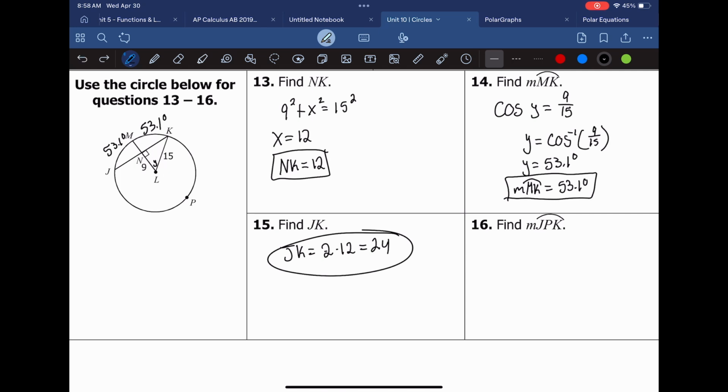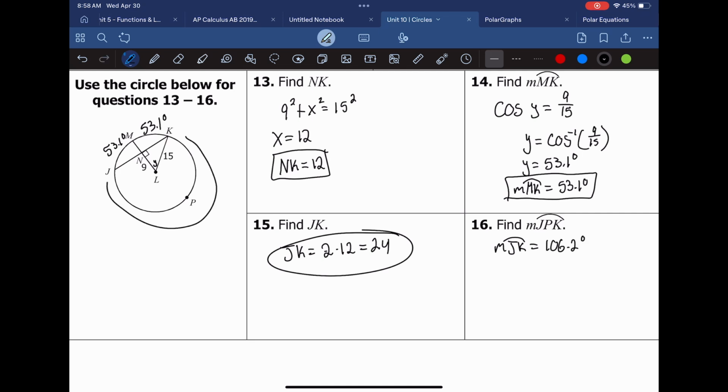Because your radius is perpendicular, that means it's cutting your chords in half, and it's also cutting your arcs in half. And since they are the same, we know how big this whole JK is. The measure of arc JK is 53.1 times 2, which is 106.2 degrees.